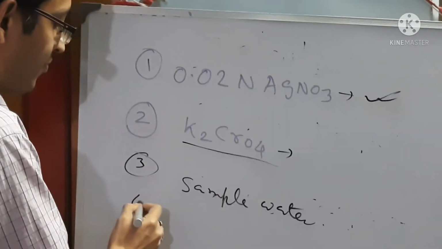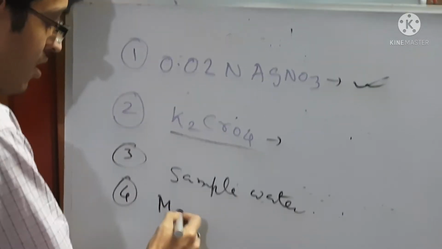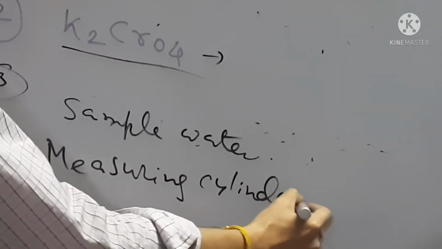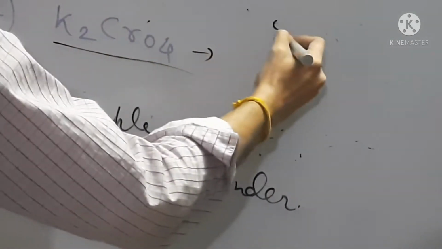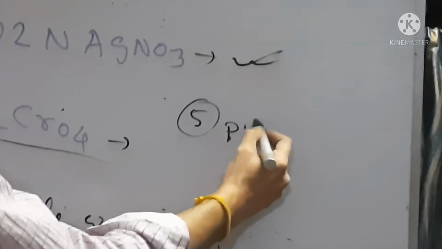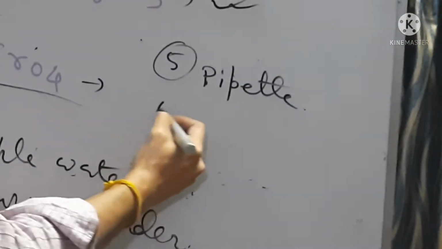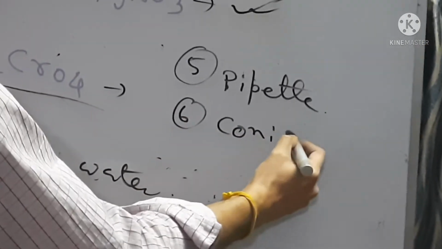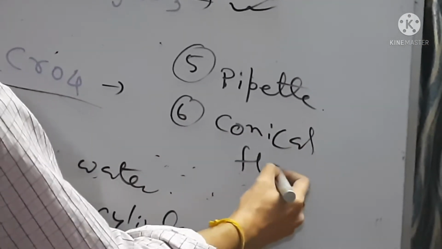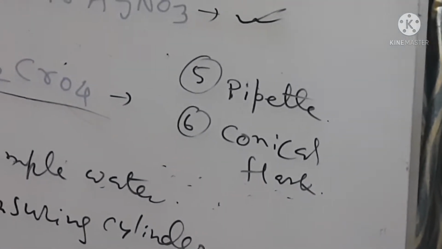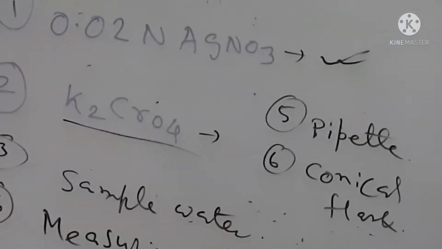Next, measuring cylinder. Next, glass pipette. And the last one is conical flask. Okay, so we will need this.